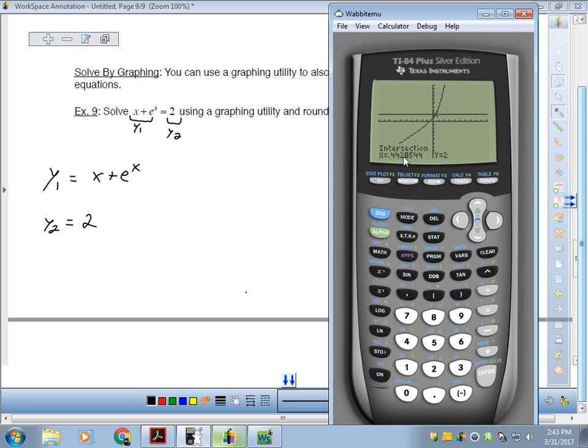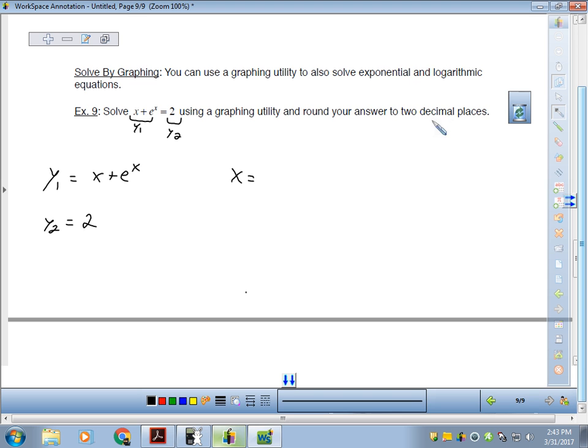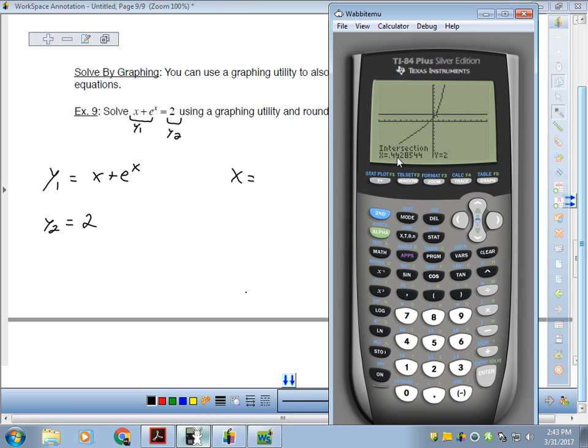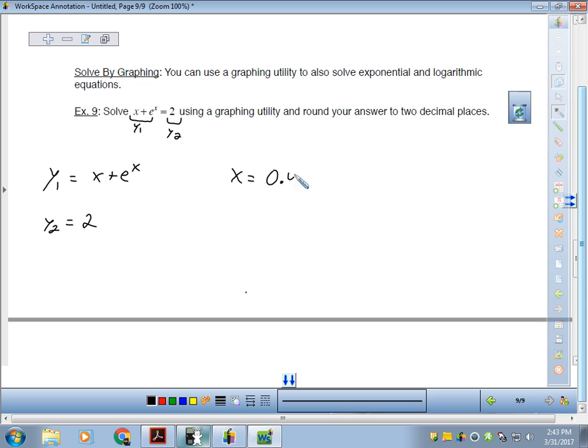There's your intersection point. There's what x has to equal. So x equals, it asks us to round this to 2 decimals, so it's going to be 0.44. So 0.44 is the spot where these 2 equations are equal, which means this equation would be true. Okay? And so that's another way to solve it if you have access to a graphing utility.